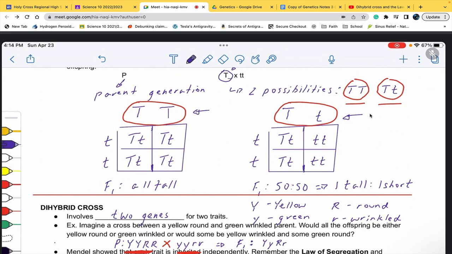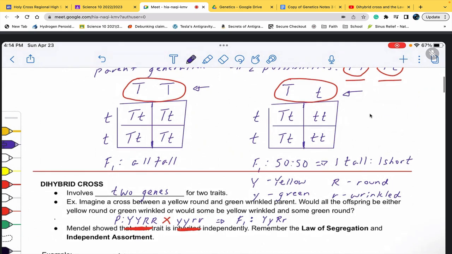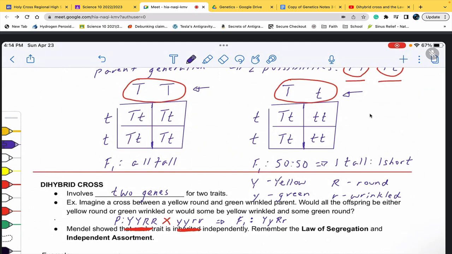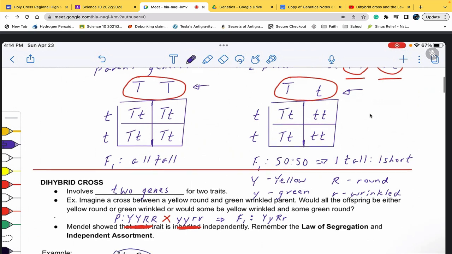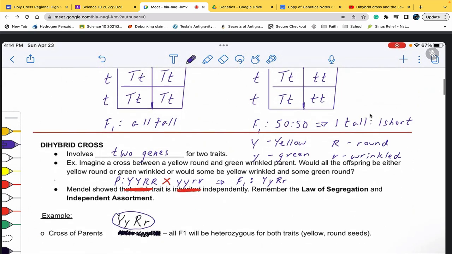That's your F1 generation when you cross those two sets of genes. Now we're going to look at what happens when we cross two F1 generations. So when we cross this with itself. YYRR.